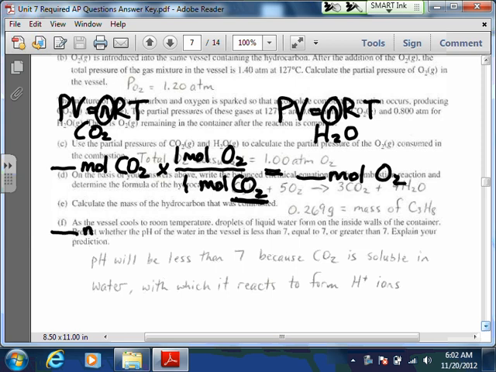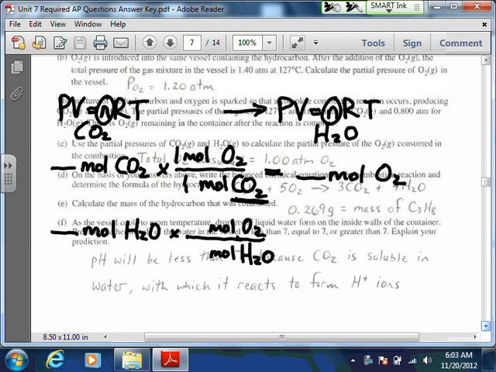However many moles we get of H2O from the PV equals nRT up here, then we're going to figure out how many moles of O2 we actually have in there. So moles of H2O, moles of O2. Okay, now this one's kind of tricky. You could do this one of two ways.